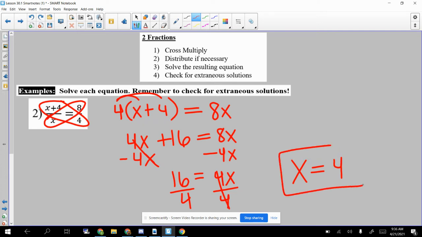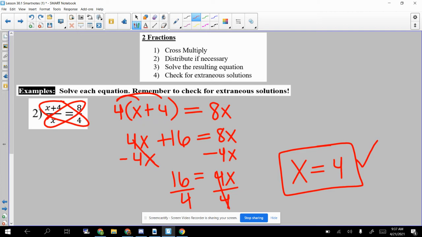So yes, we are good to go. You're checking for those extraneous solutions, because if we were to plug something in that got a 0 in the denominator, or it did not make the equation true, then that would be extraneous.